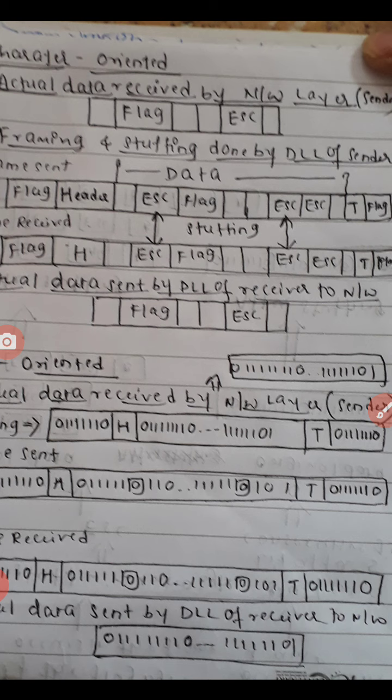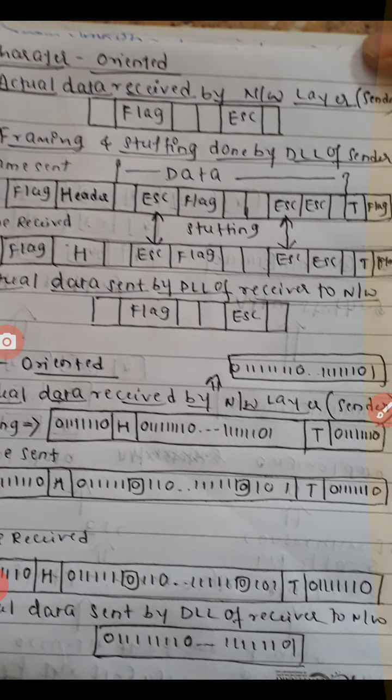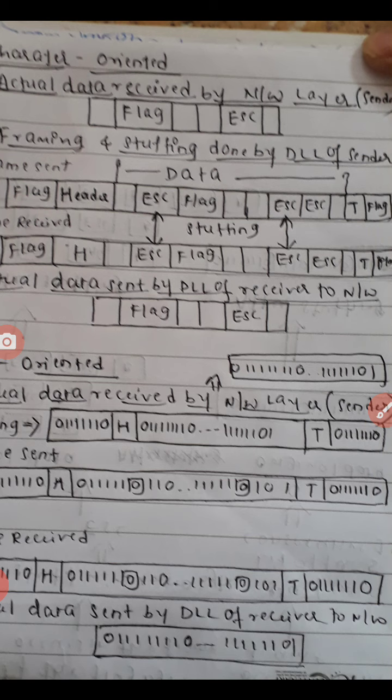So this is the frame that is sent by the sender. Now the same thing is received by the receiver. You can see these escapes are nothing but byte stuffed escapes. So here we have done two stuffings, but the actual data the receiver sends from the data link layer to the network layer is again the original data itself.